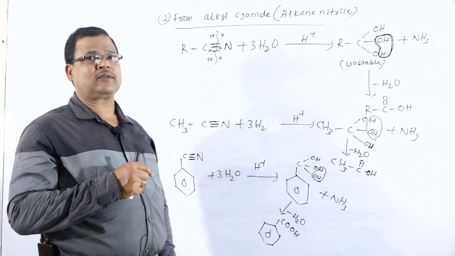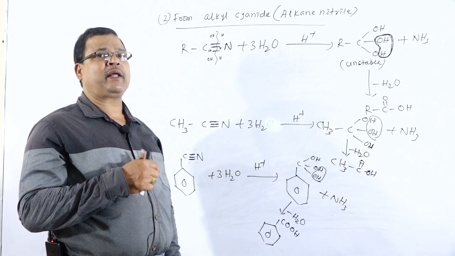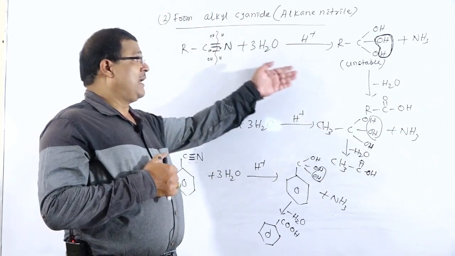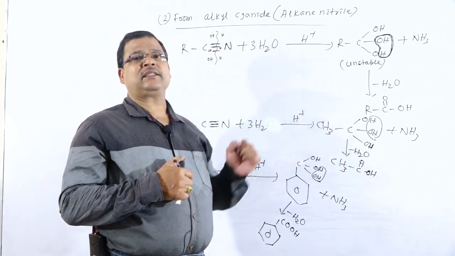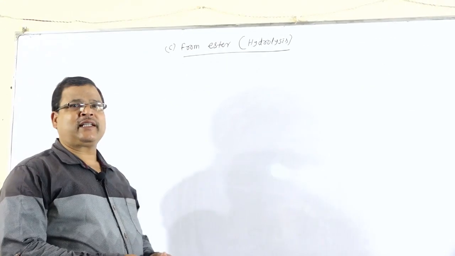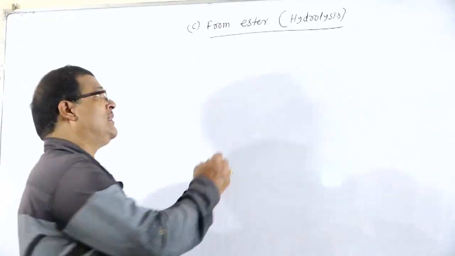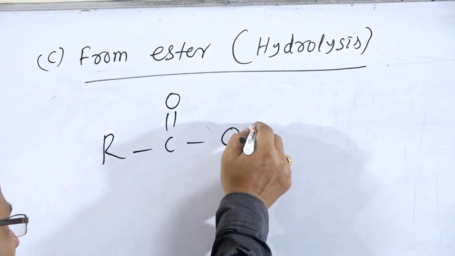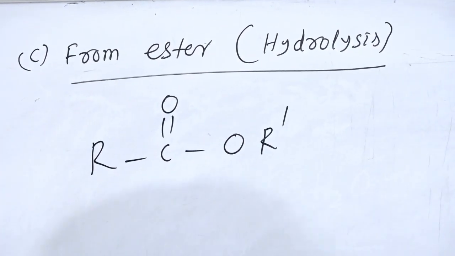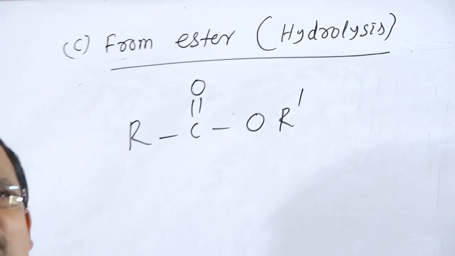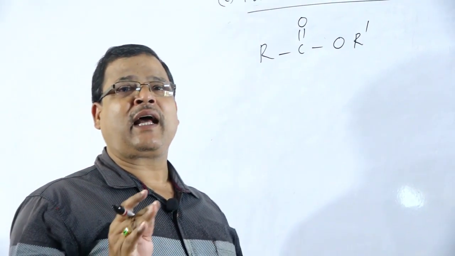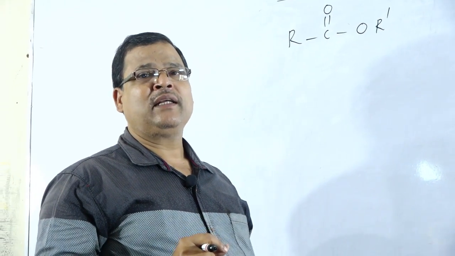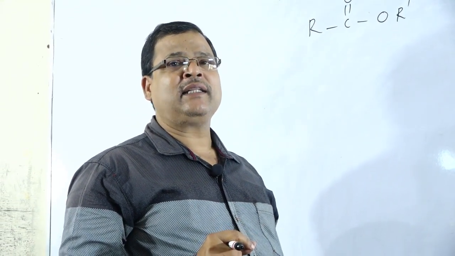So during the hydrolysis of alkyl cyanide to form carboxylic acid, there is the need of only 2 molecules of water. Next, we will go for the preparation of carboxylic acid from ester. Esters have the general formula R-C double bond O-O-R dash. Either in acidic medium or in basic medium, it gets hydrolyzed to form carboxylic acid and alcohol.